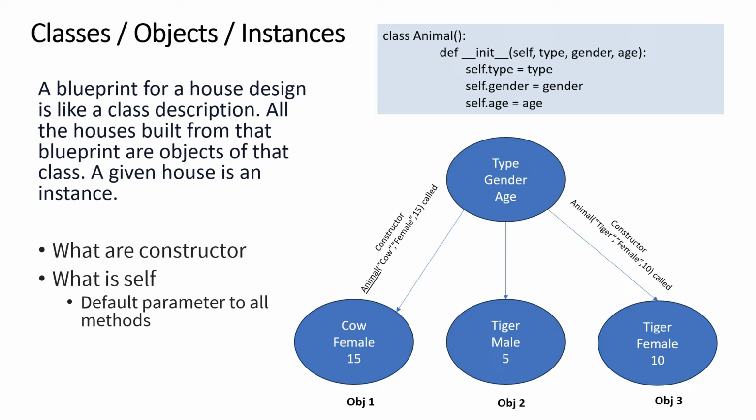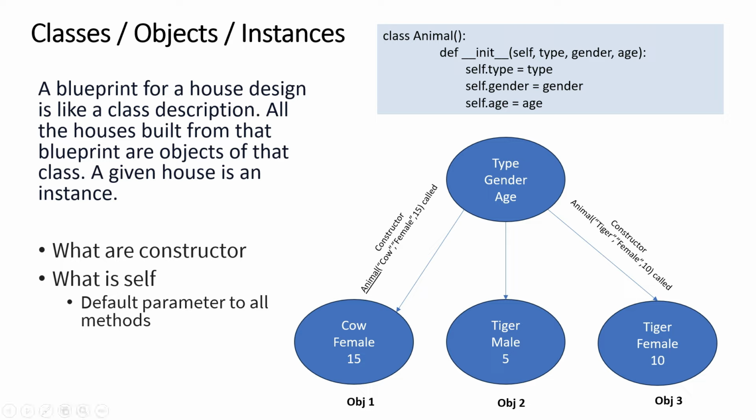Like there would be two bedrooms on the ground floor, maybe three bedrooms on the top floor. This would be the size of the kitchen. There would be three bathrooms. The staircase would look like this. So everything would be created on paper first. That is the blueprint, so that is your class. And then when you create actual houses out of it, those would be your objects.